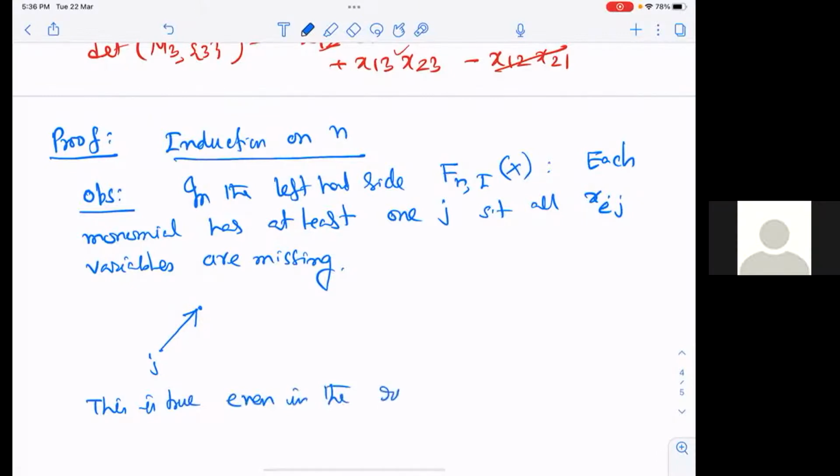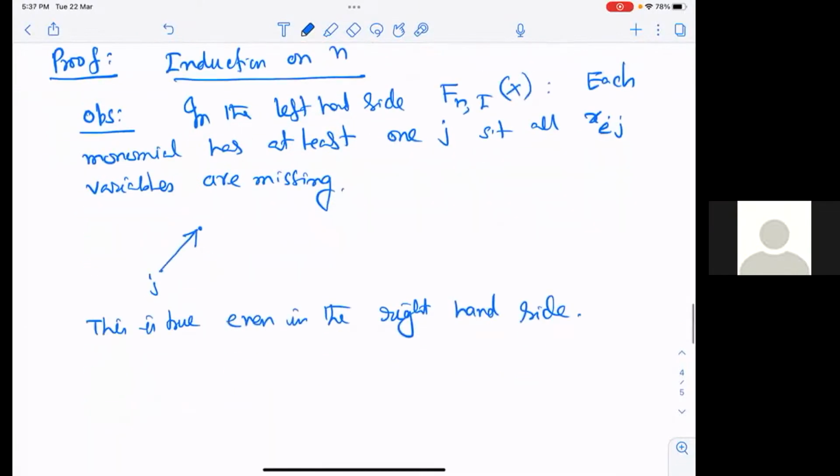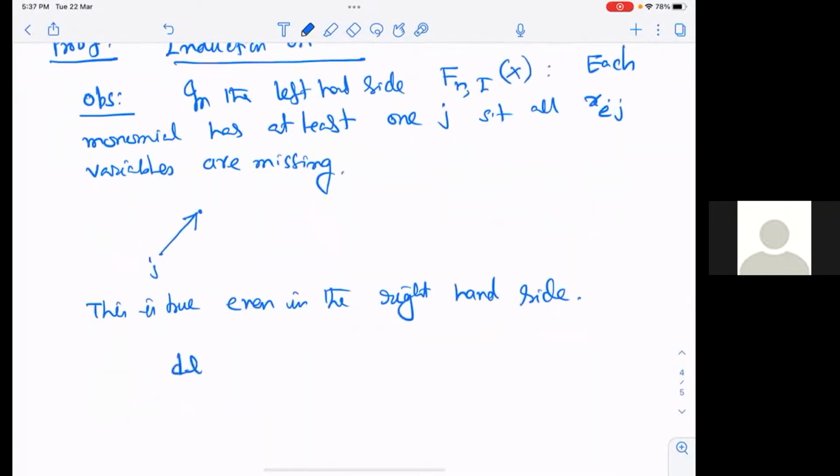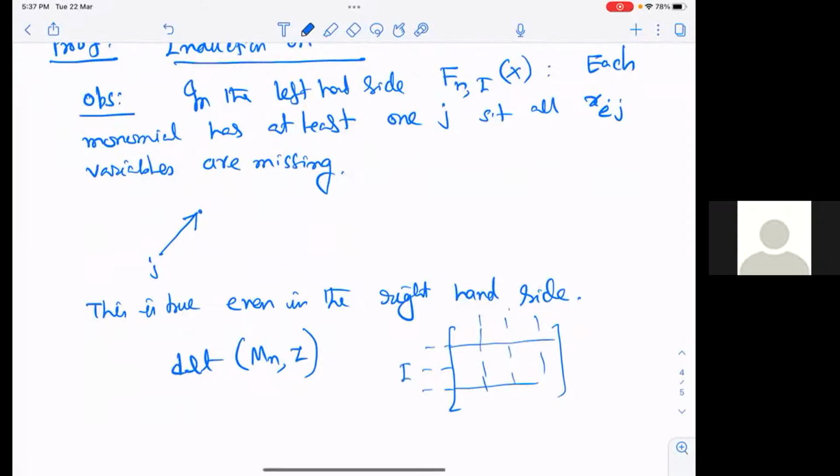This is true even in the right hand side. Why is that? Because if you look at the determinant of M_n,I, you have deleted the rows and columns inside the set I, right?